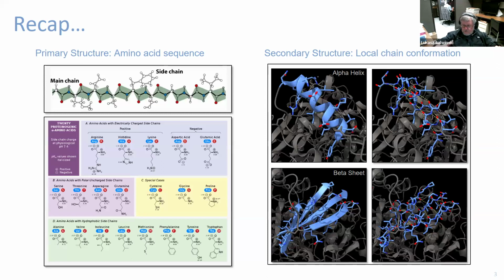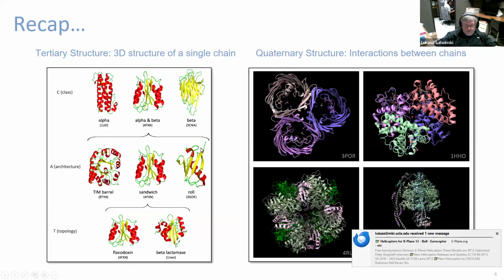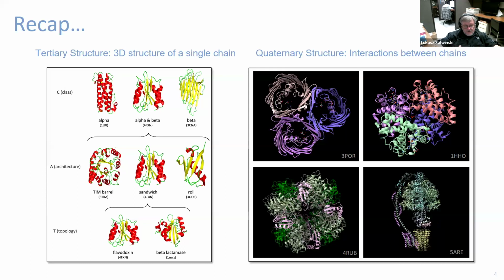Now, once we look from further away, we're going to see that those secondary structural elements can be arranged in repeated ways. That's how entire protein domains or folds are described. Initially, we look at how secondary structural elements are arranged in three-dimensional space.